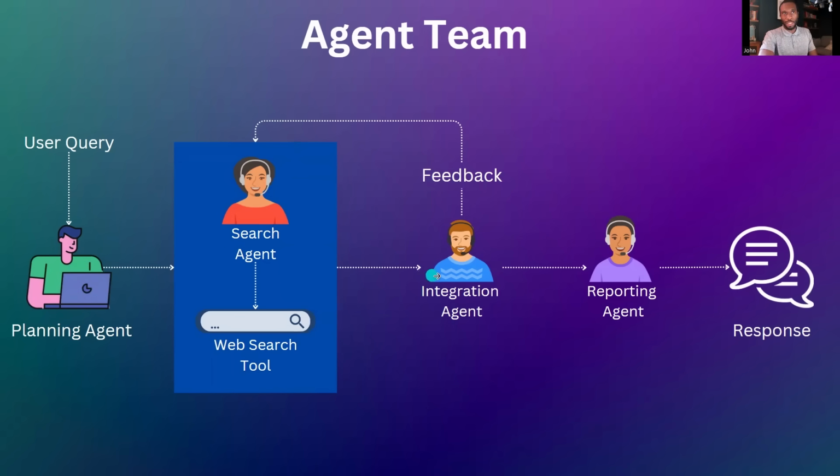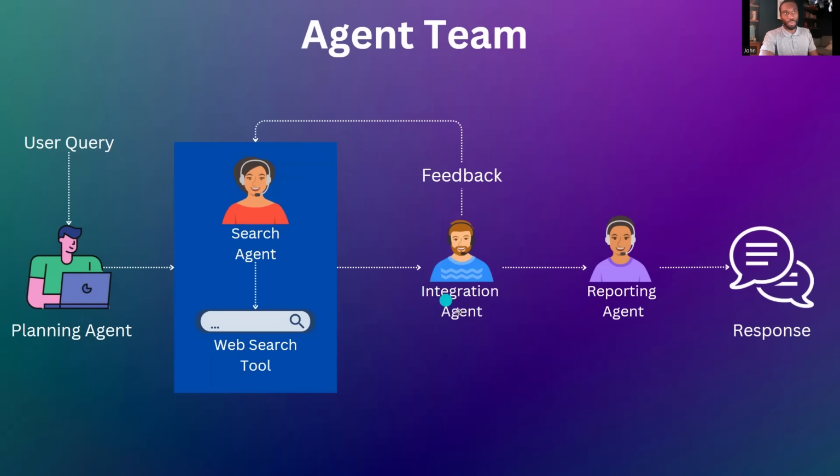Once that's done, that's fed to the integration agent. And the integration agent's job is to organize the information returned by the search agent and also provide feedback. So if something is missing from the search agent, the integration agent will provide feedback, and that feedback is also based on the user query. So all the agents know what the user query is.